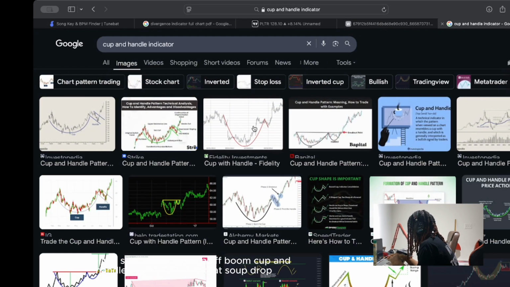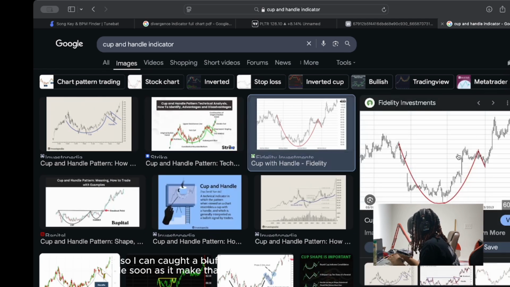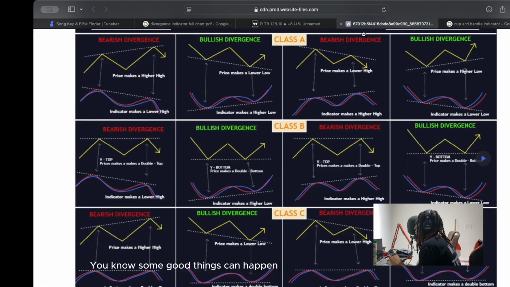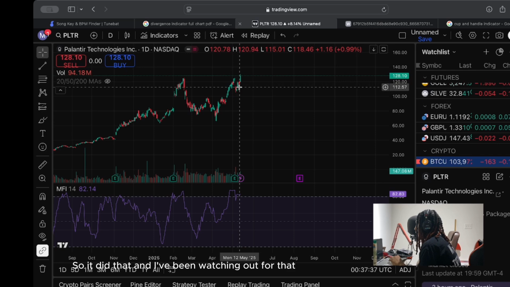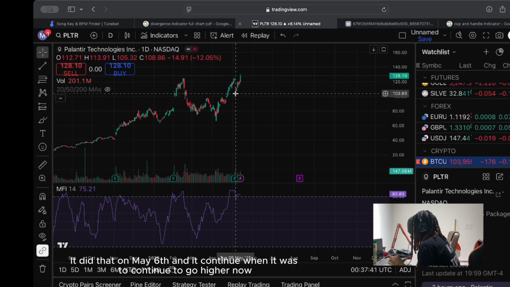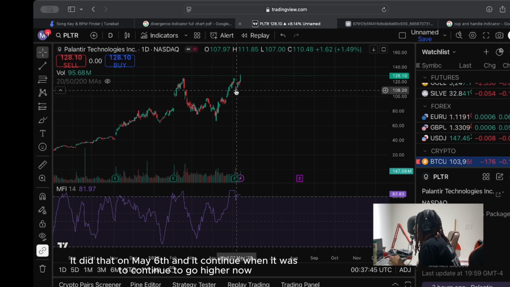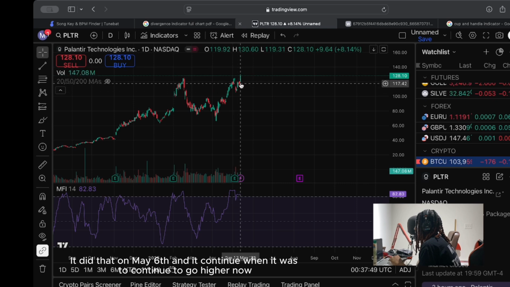Boom. Cup and handle. As soon as it makes that swoop drop, some good things can happen. So it did that, and I've been watching out for that. It did that on May 6th, and it went and continues to go higher now.